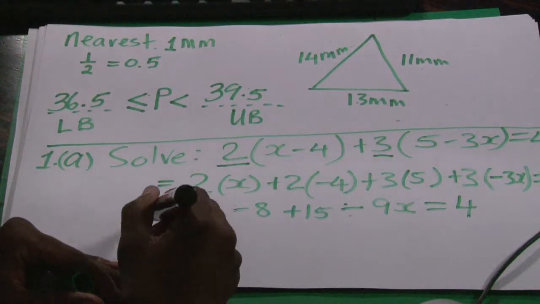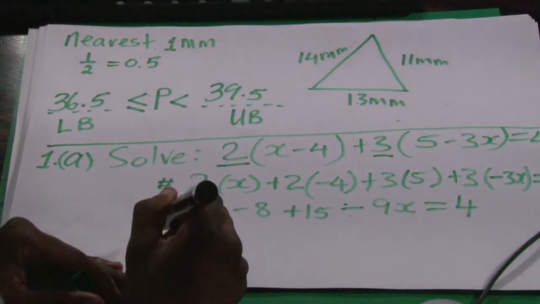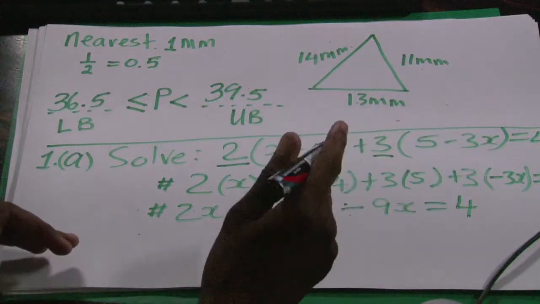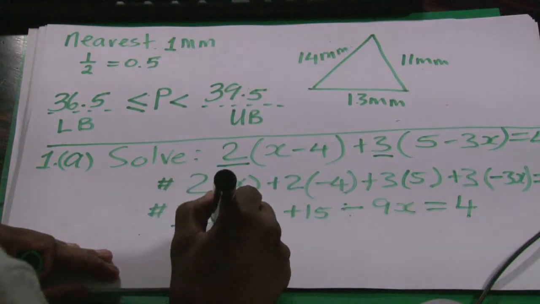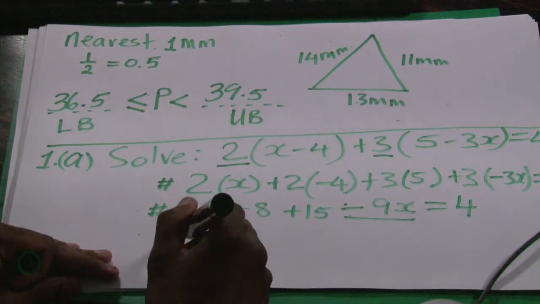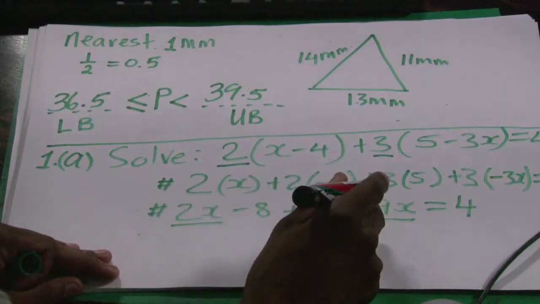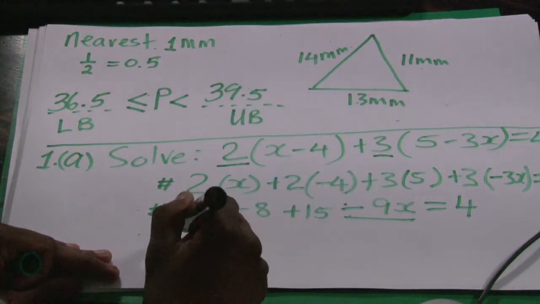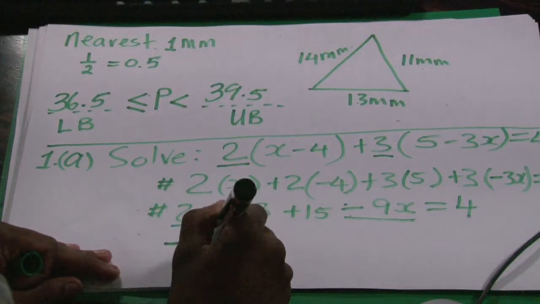We do not need equal signs here again, because we already have those equal signs. So simplifying this, we have like terms. We have 2x and negative 9x. Collecting them, 2x minus 9x will give us negative 7x.